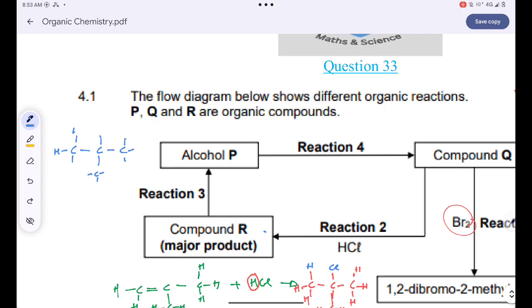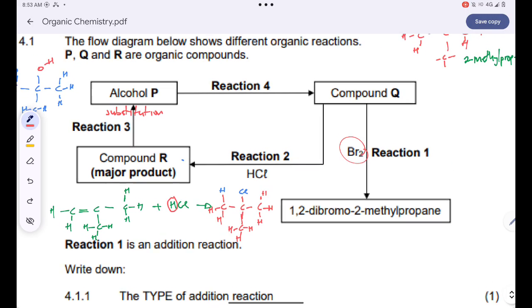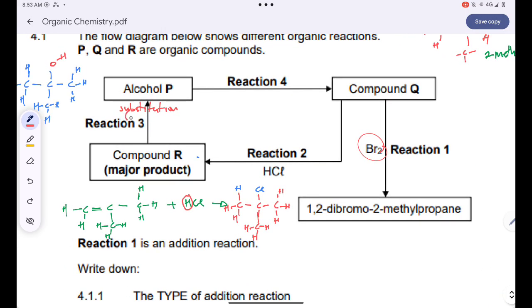I do have my hydrogens over there. The only difference is that I'll simply have an OH there. Are we together? So the type of reaction is called substitution reaction, and the type of substitution reaction is just hydrolysis.